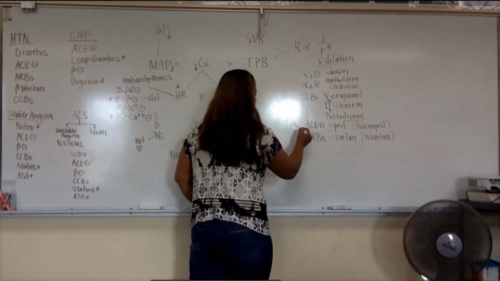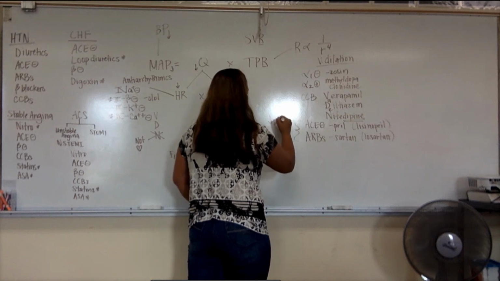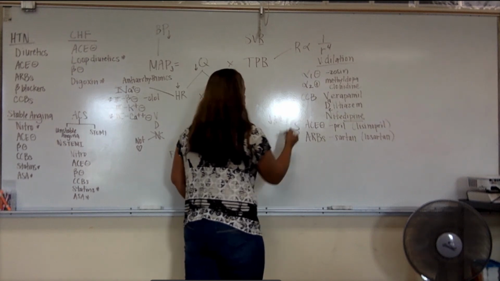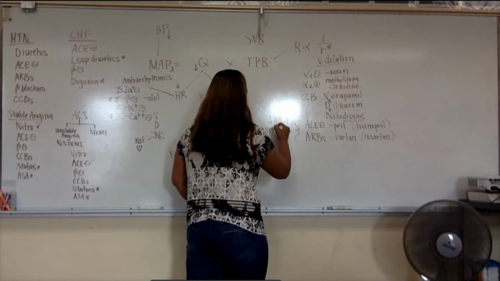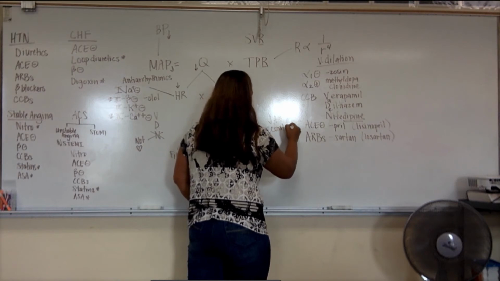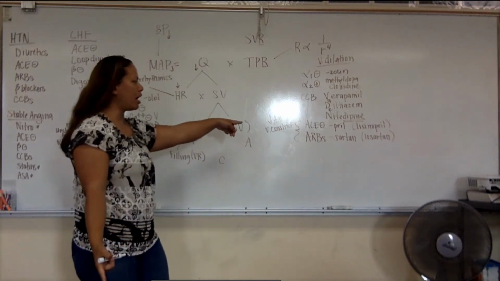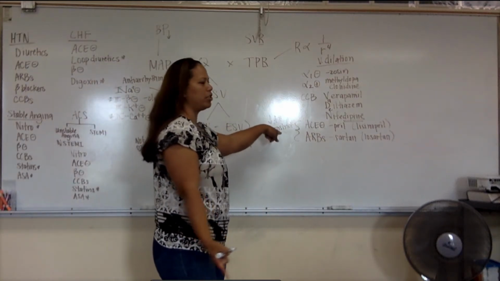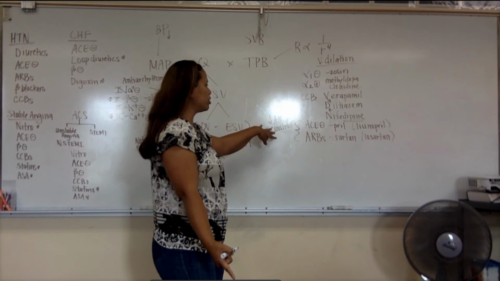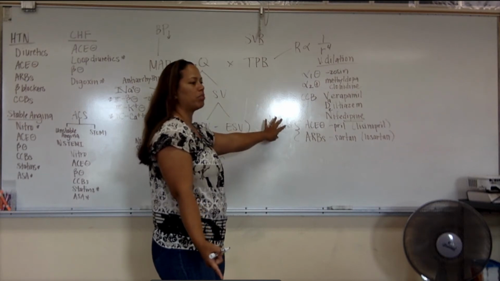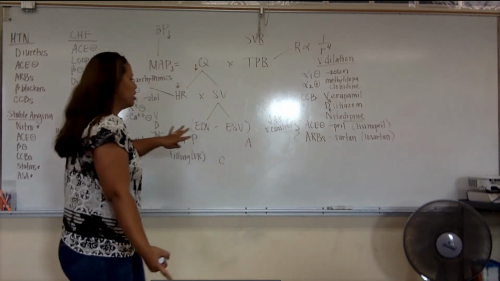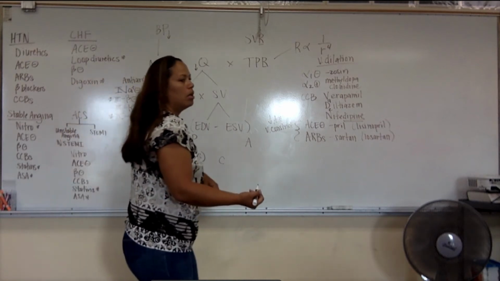So ACE inhibitors actually reduce angiotensin 2, which is a potent vasoconstrictor. So part of their pathway stops the effects of angiotensin 2 on the receptors to reduce constriction of blood vessels and cause vasodilation.